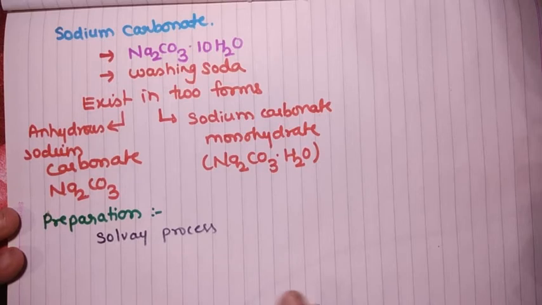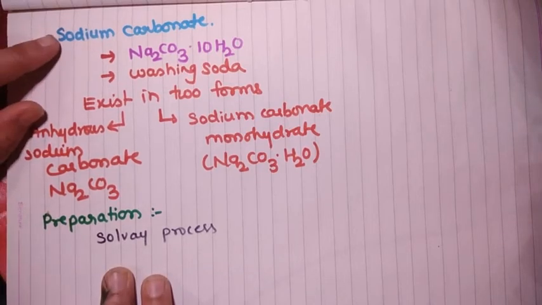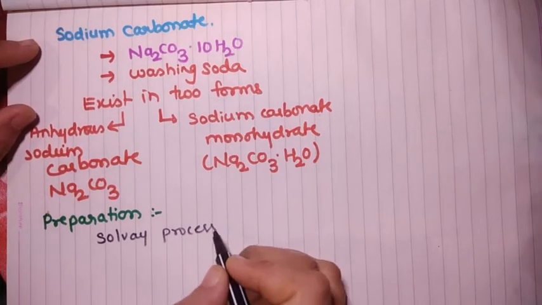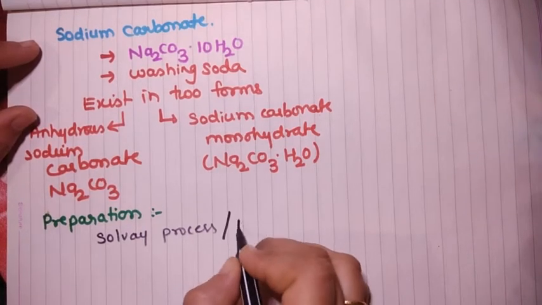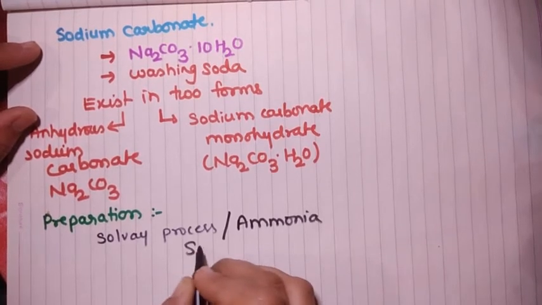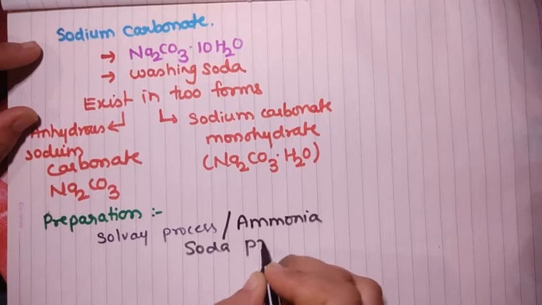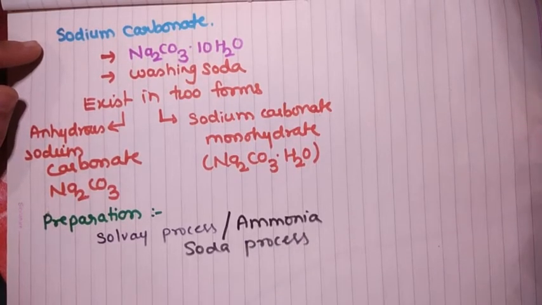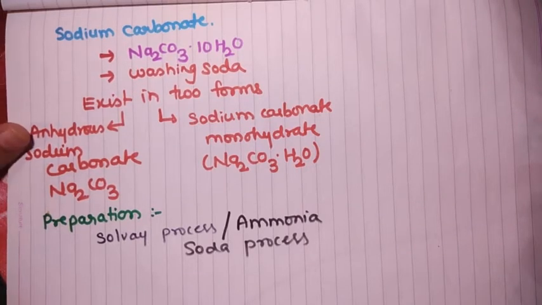It is a process of preparing washing soda or sodium carbonate. It is also known as the ammonia soda process. So you have to remember both names. The question may be asked not as Solvay process but as ammonia soda process. This you have to make sure.